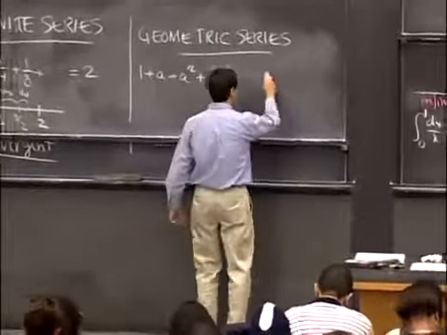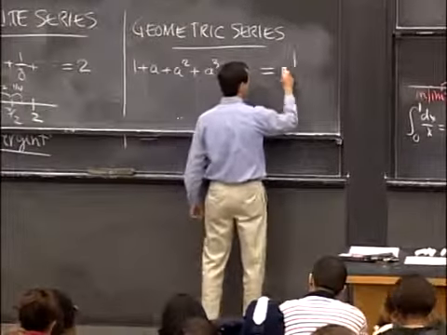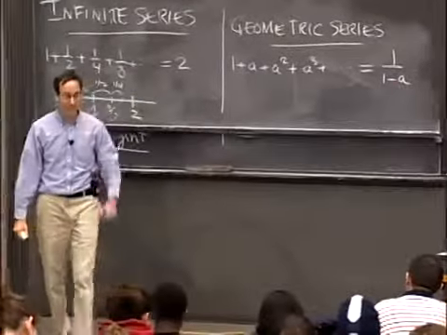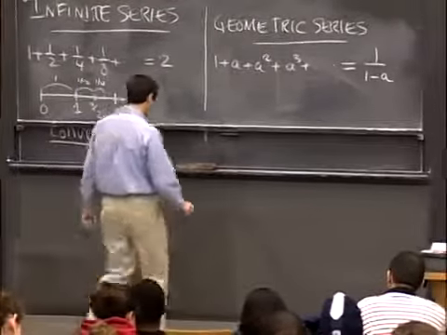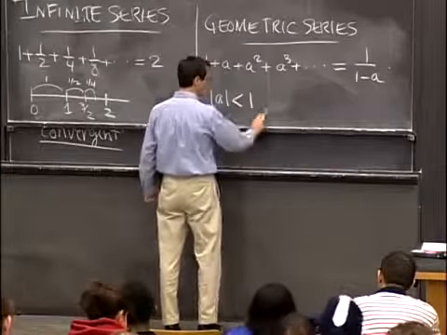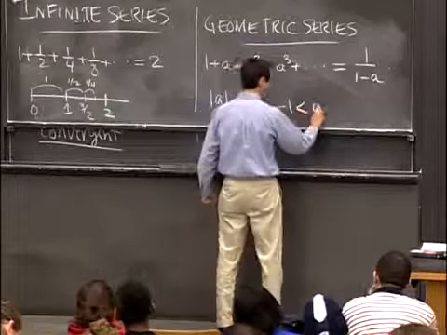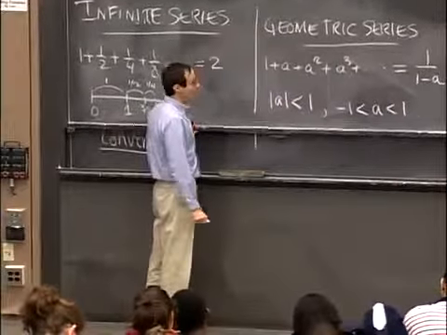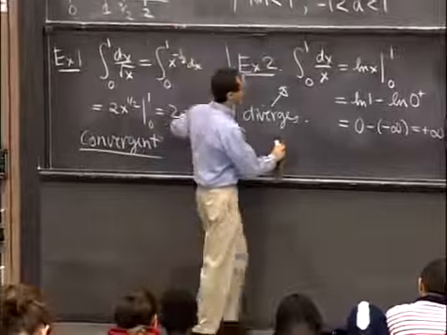And you're certainly going to want to remember that the formula for this in the limit is 1 over 1 minus a. And I remind you that this only works when the absolute value of a is strictly less than 1. In other words, when minus 1 is strictly less than a is less than 1.